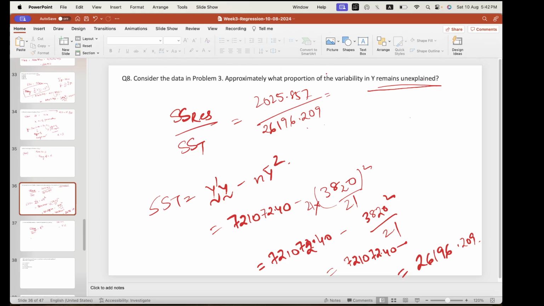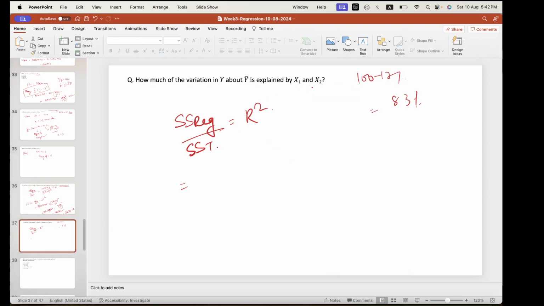So this is actually 7.7%, and this should typically come to 93% or something above 92.7. This should be greater than 92.7%. So that should be your check.